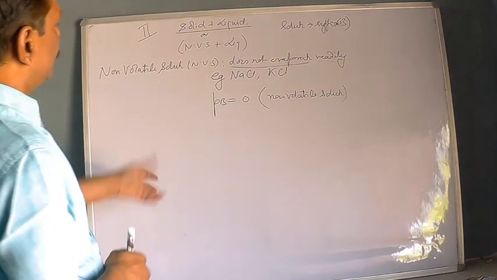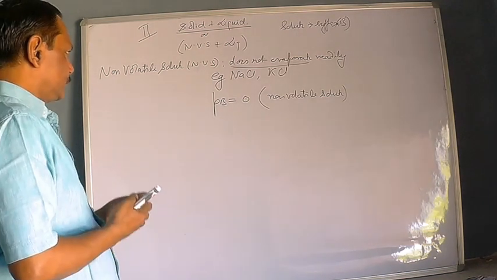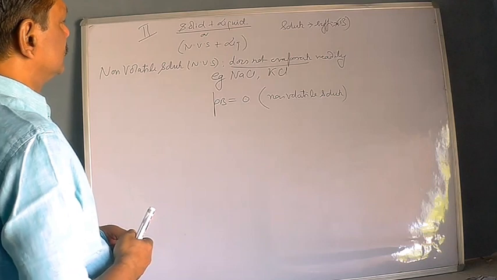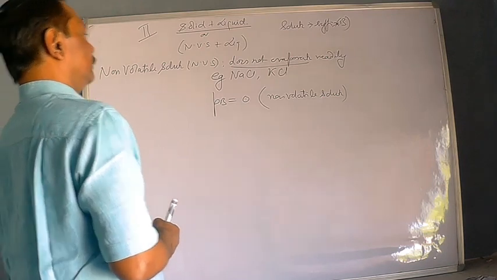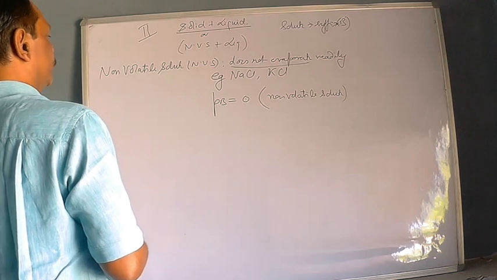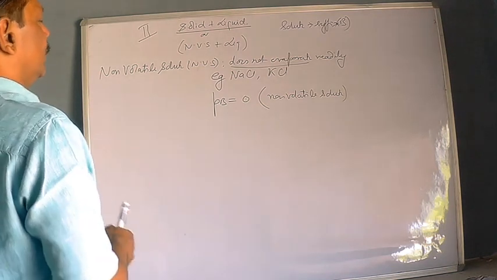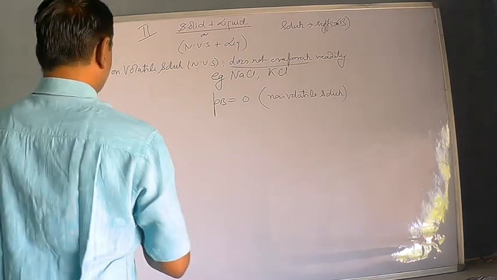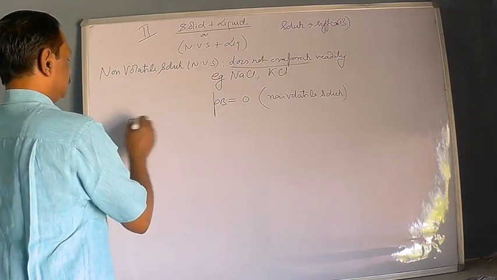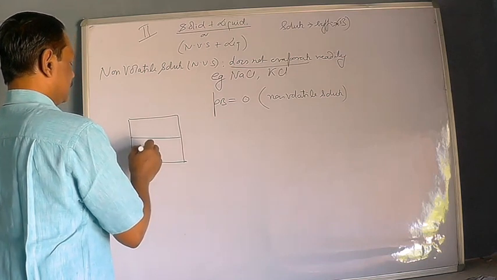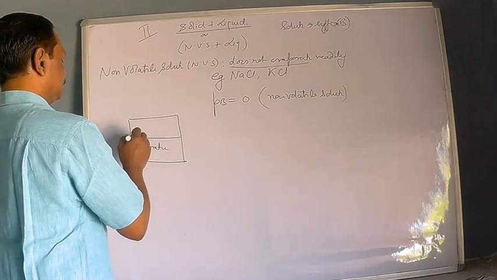Now, before going into detail of the topic non-volatile solute plus liquid, we must understand why a non-volatile solute has no vapor pressure of its own and what happens when you dissolve a non-volatile solute in any given liquid. Let us take an example. Class, I have taken water.